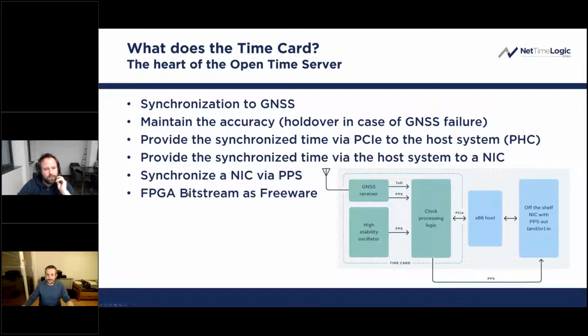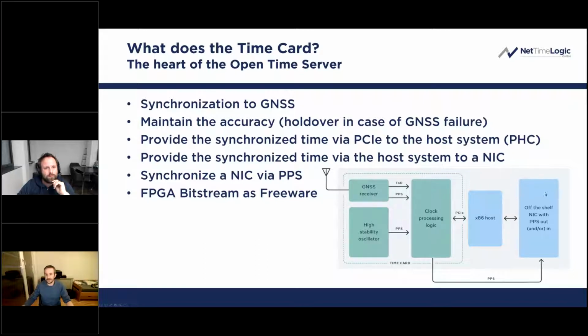To precisely synchronize the network interface, PPS is also required, so we go externally with a cable to the network adapter. This approach allows us to connect theoretically any off-the-shelf network adapter or network card which has just a PPS input, and it can therefore be used for PTP synchronization in any network.